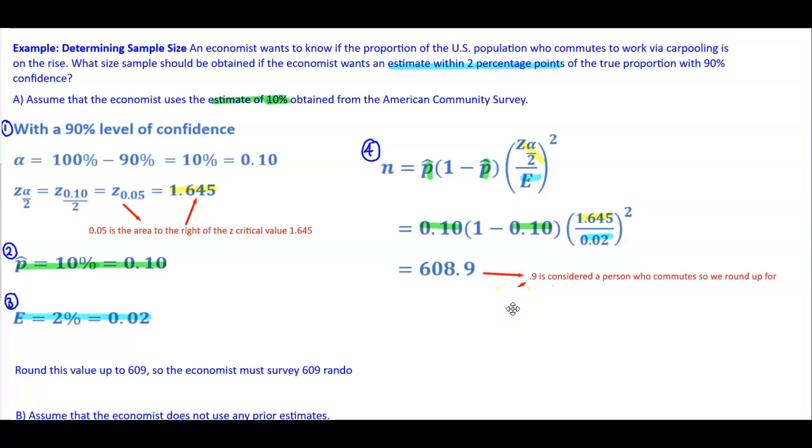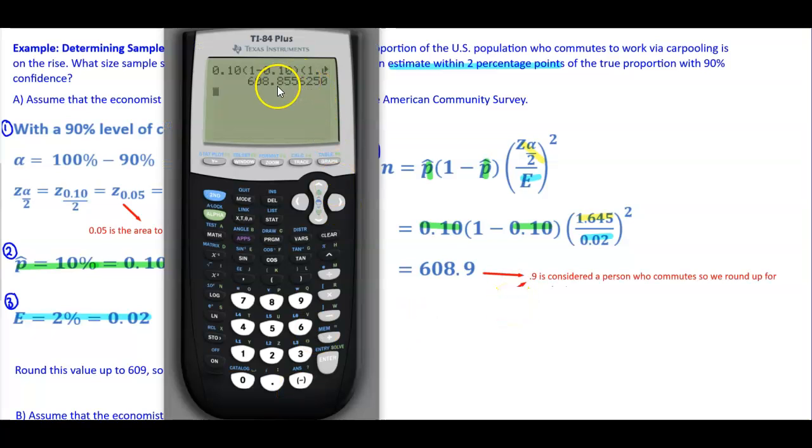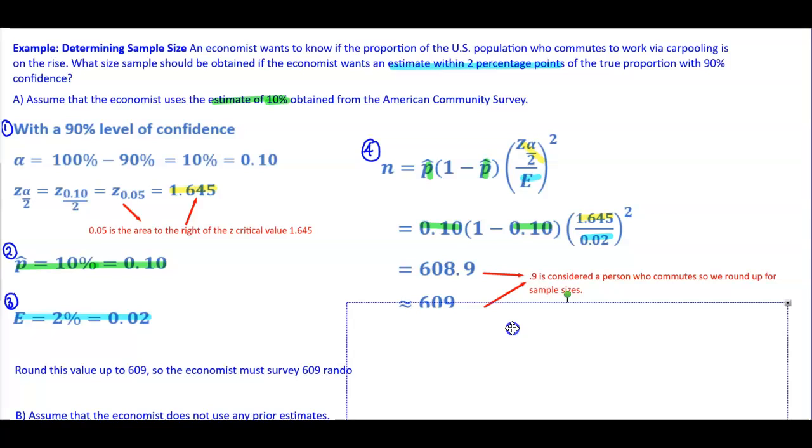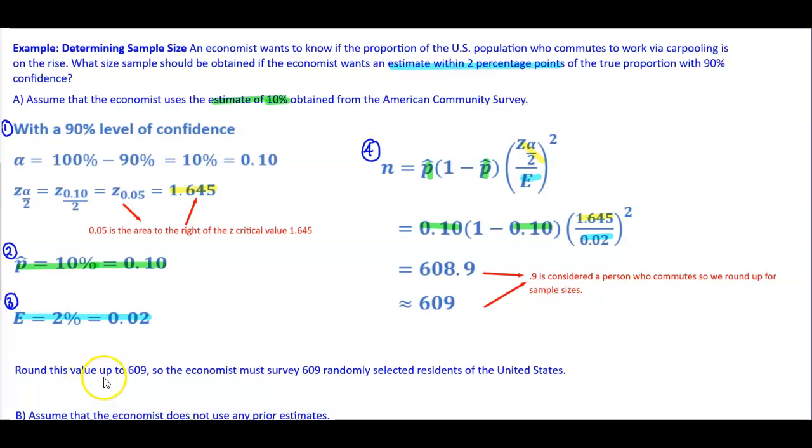Rounded to one decimal place, we get 608.9. Keep in mind that since it's a sample size, 0.9 is considered a person who commutes, so we round up for sample sizes and get 609. Rounding this value up to 609, the economist must survey 609 randomly selected residents of the United States.